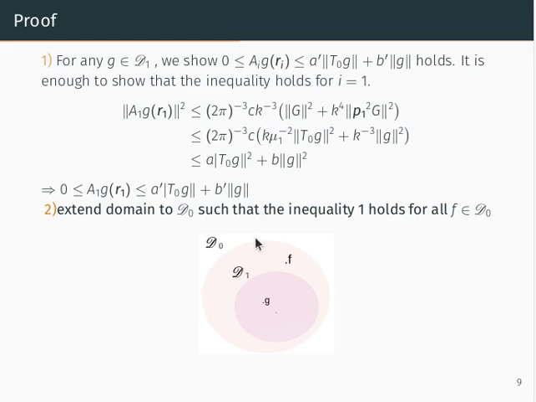But please notice that we just showed this inequality is true in the domain of D1, and our aim is to show that this inequality is true for each f in the domain of D01.